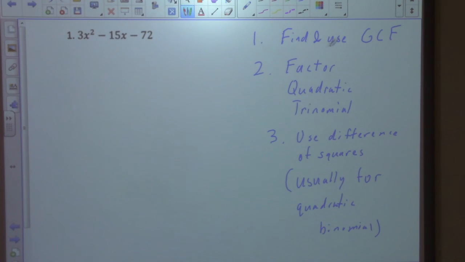And always you should use GCF first. When you go down the list of what to do in factoring, use GCF first.